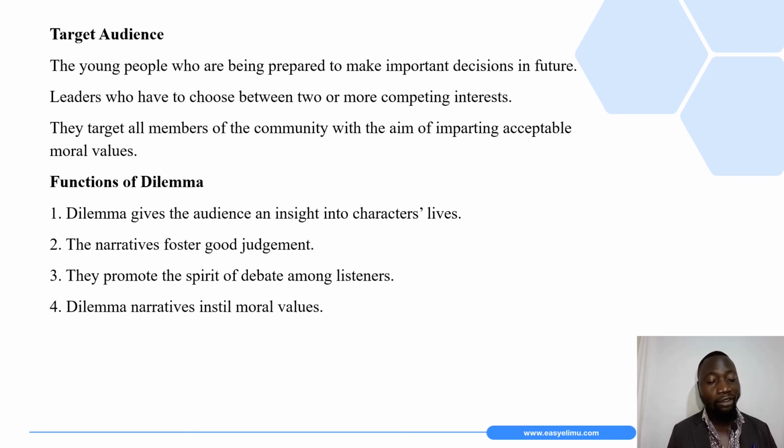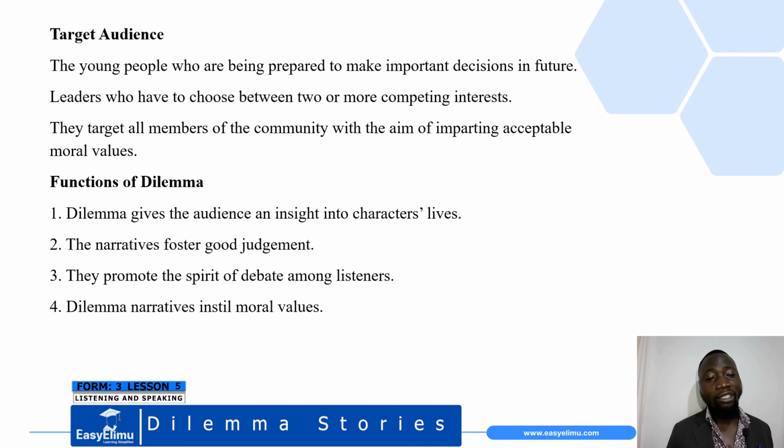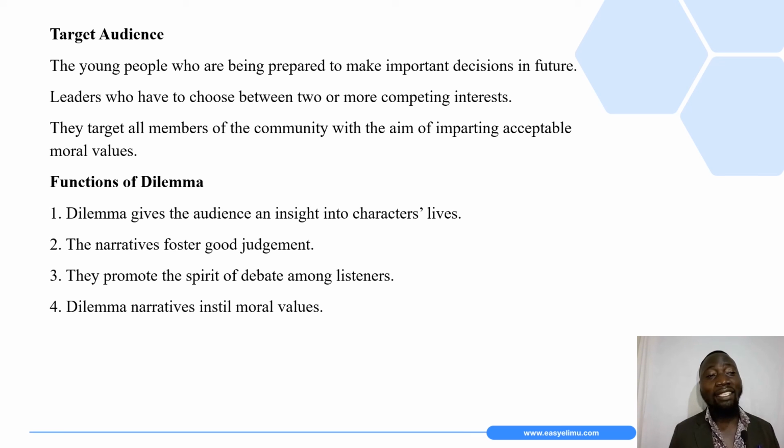When you are reading these narratives, or rather listening, because we are talking about genres of oral narratives, as a member of the audience you get an insight into the characters' lives, based on the kind of decisions that they will eventually make.